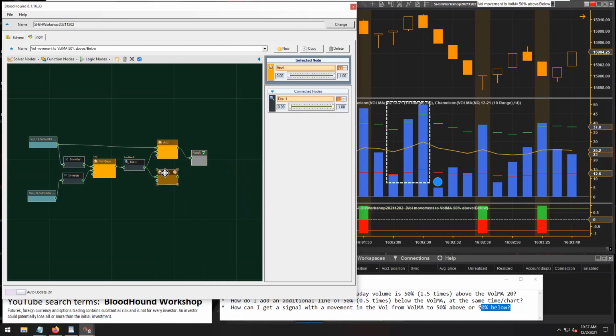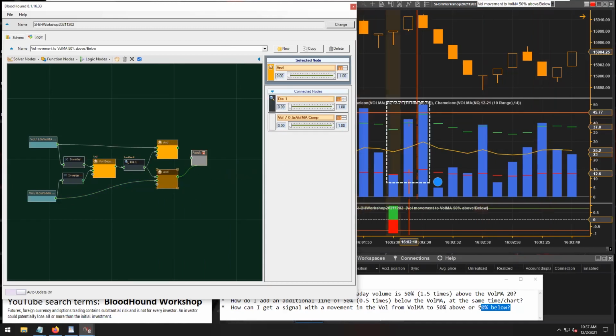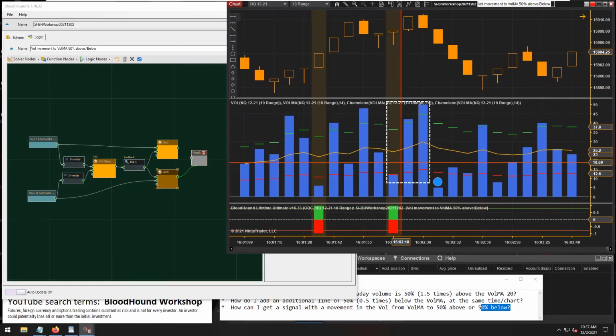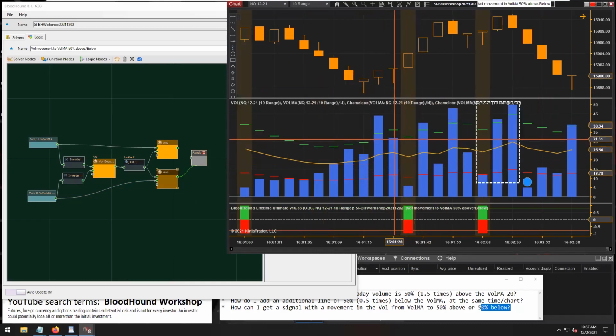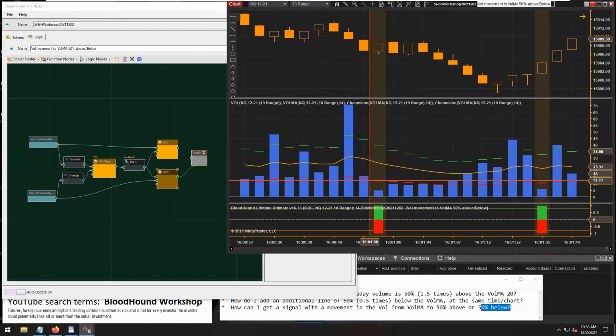We can do one more, connect that in. So now that is when volume goes from right inside the range to outside the range or below the range there. So volume is inside the range and then it goes outside the range or below the range.